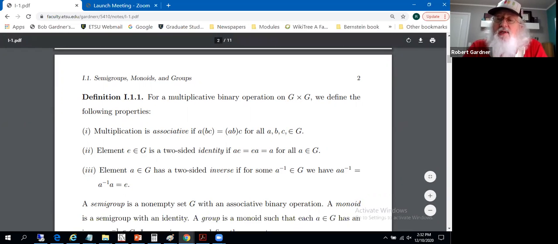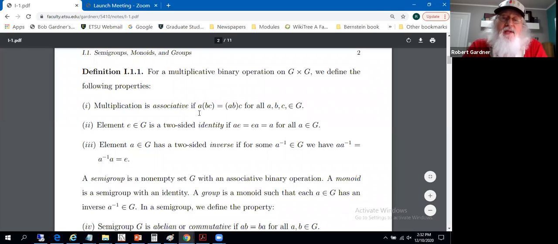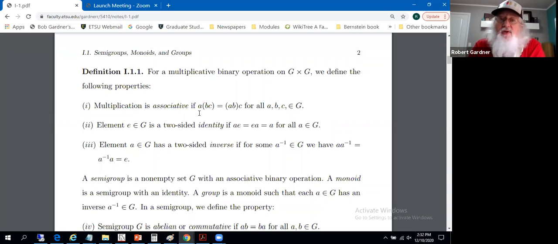The binary operation is associative if, and let me read this verbally as if it were a multiplicative binary operation, A times the product of B and C equals the product of A and B times C for all elements in this set G. Element E in the set G is a two-sided identity if A times E equals E times A equals A for all A in this set G. Element A has a two-sided inverse if for some element of the set, I'll go ahead and read it, A inverse, because that's what we'll call it, we have A times A inverse equals A inverse times A equals E, where E is the identity defined in the previous part.